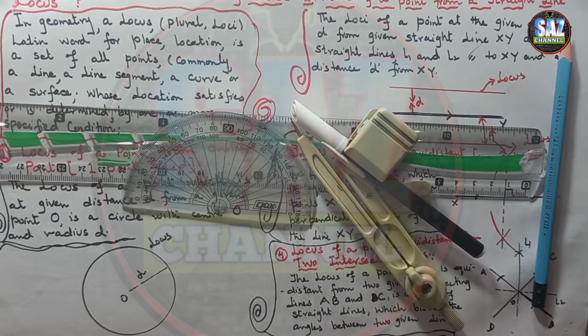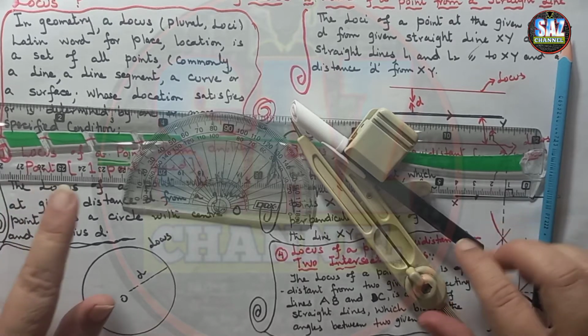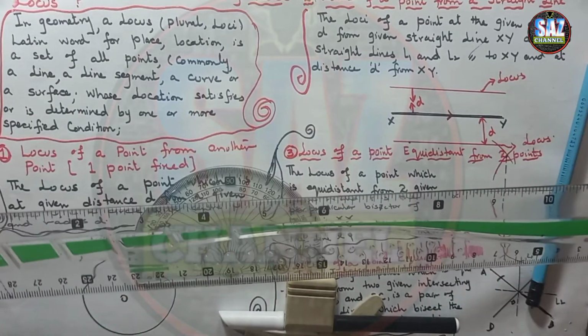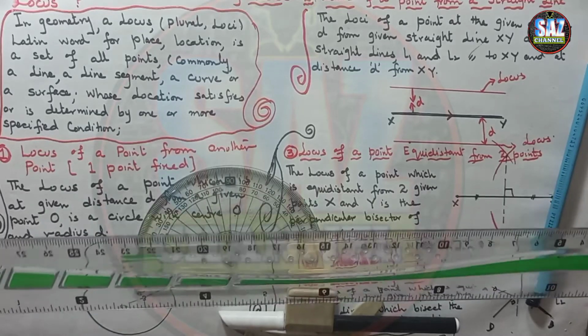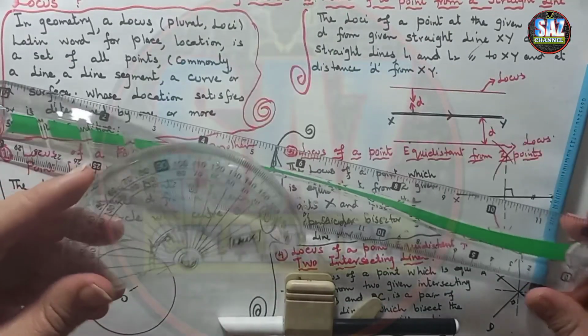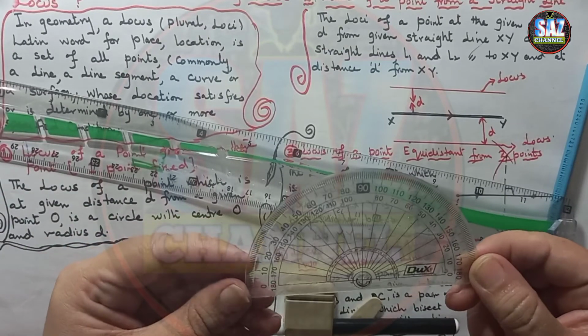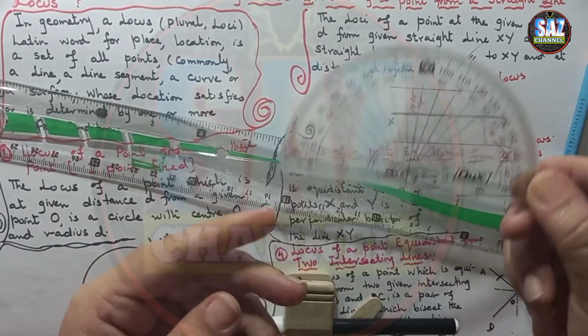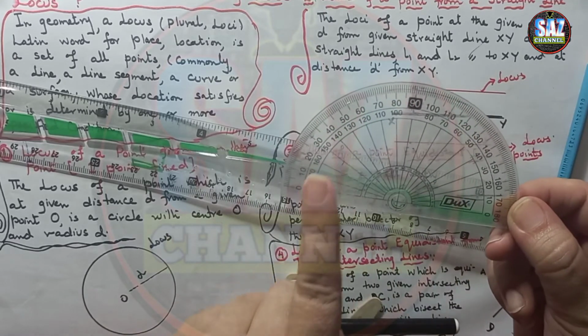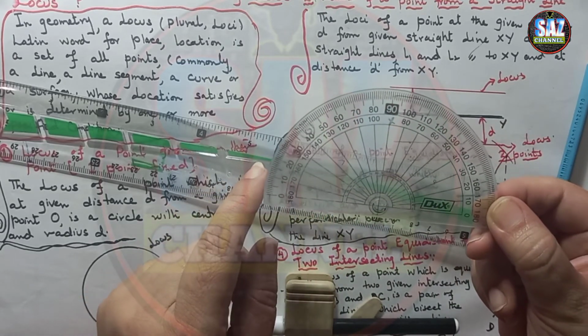Before going to the lesson, you should have all these objects with you, and you should have a clear understanding of how to use them. Everybody is familiar with how to use the ruler. This object is used for drawing straight lines, and this is the protractor, in the shape of a semicircle, and the scale given is 0 to 180 degrees.